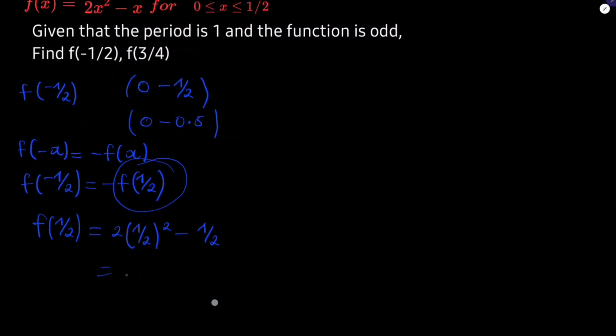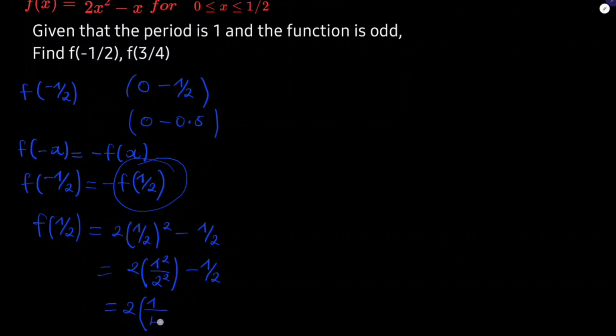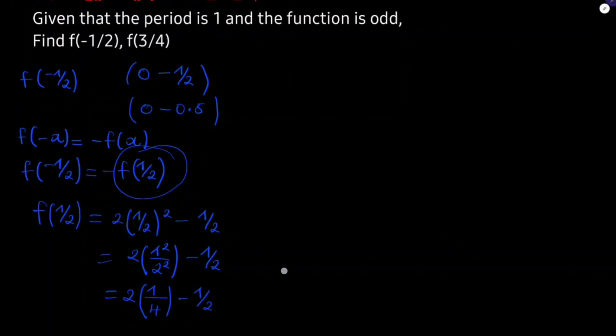So we have 2 times 1 squared on 2 squared minus half. 1 squared is 1, and 2 squared is 4.